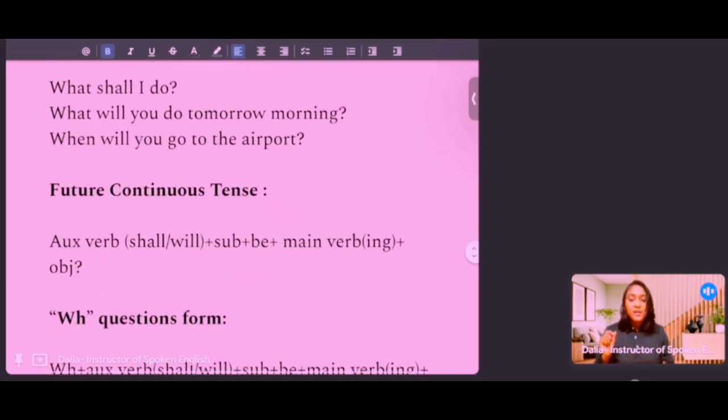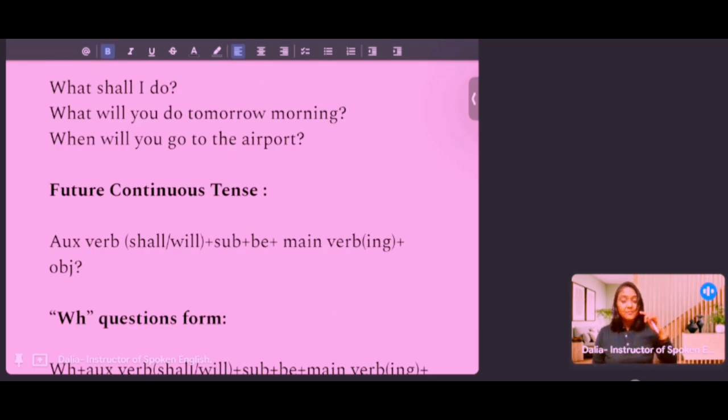Next, future continuous tense. What is future continuous tense? It's a little bit confusing, but I would like to tell you a little bit about it. Future continuous tense is used to express an action that is imagined to be happening in the future time.